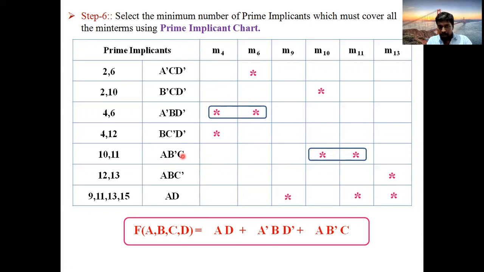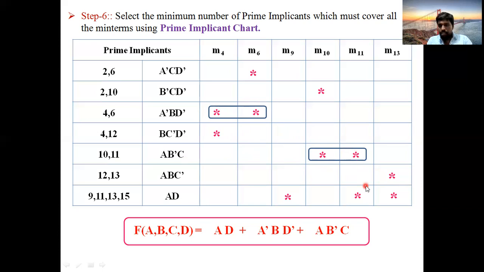Why? Because this A, B bar, C will act as the answer for M10 as well as M11. Please observe carefully. It is better to indicate like this. In the exam also you can draw like this, showing that this is a common term acting as the answer between these two terms.